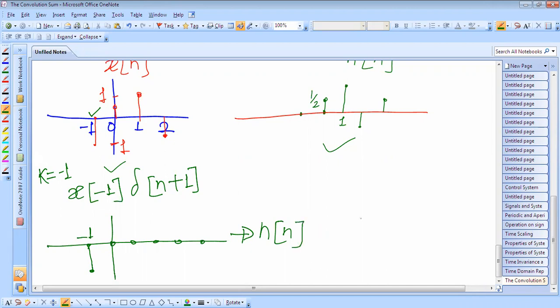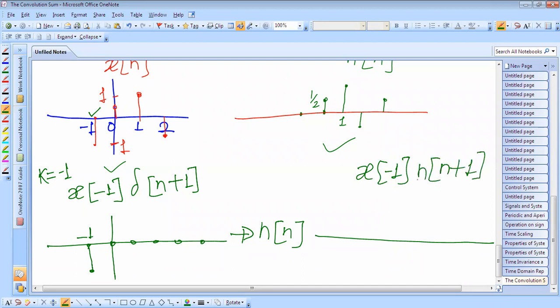x of n is also given. So for this function, x of minus 1 into h of n plus 1, for k equal to minus 1, how can we now show the sequence?